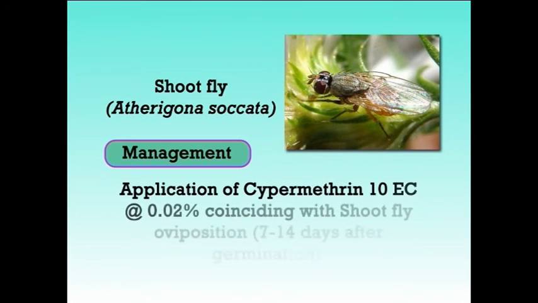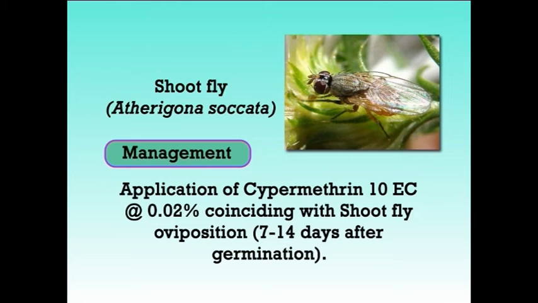It can also be managed by application of cypermethrin 10 EC at the rate of 0.02% coinciding with shoot fly oviposition, which normally occurs 7 to 14 days after germination.